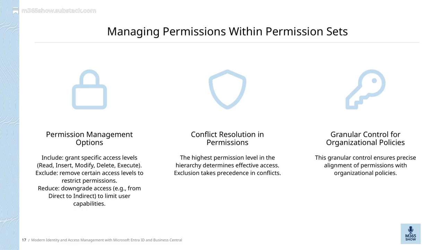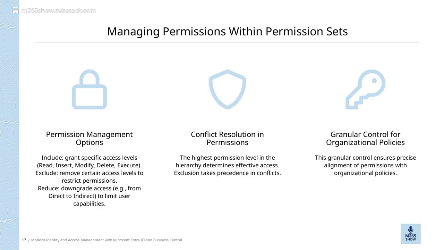When managing permissions, we have several options. We can include specific access levels like read, insert, modify, delete, or execute, giving users the capabilities they need. Conversely, we can exclude certain access levels to restrict permissions where necessary. We also have the ability to reduce access, say, downgrade from direct to indirect, to limit what a user can do.